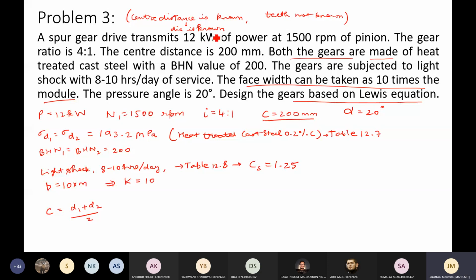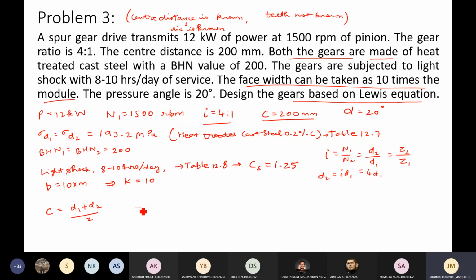Now the diameter can be found out from the center distance. How? We have the ratio with us. I is equal to 4. We know that I is equal to n1 by n2 equal to d2 by d1 and also equal to z2 by z1. We can write d2 is equal to I into d1. In this case it is 4 times d1.